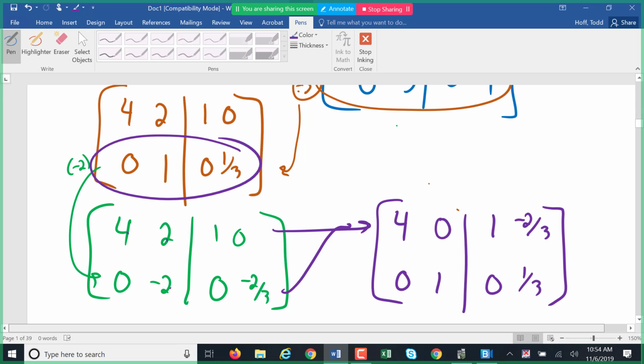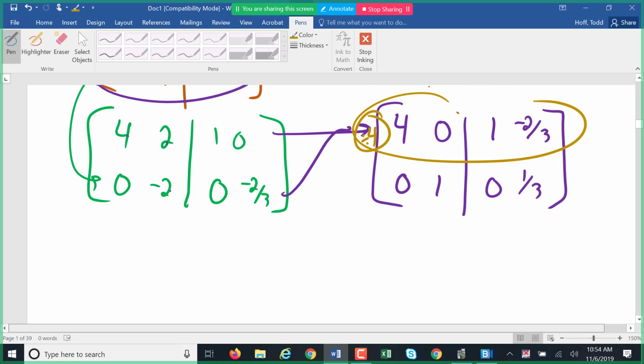My last step here is just to take that top row and divide it by 4. So 4 divided by 4 is 1. 0 divided by 4 is 0. 1 divided by 4 is 1/4. -2/3 divided by 4 is -1/6. In the bottom, I got 0, 1, 0, 1/3.